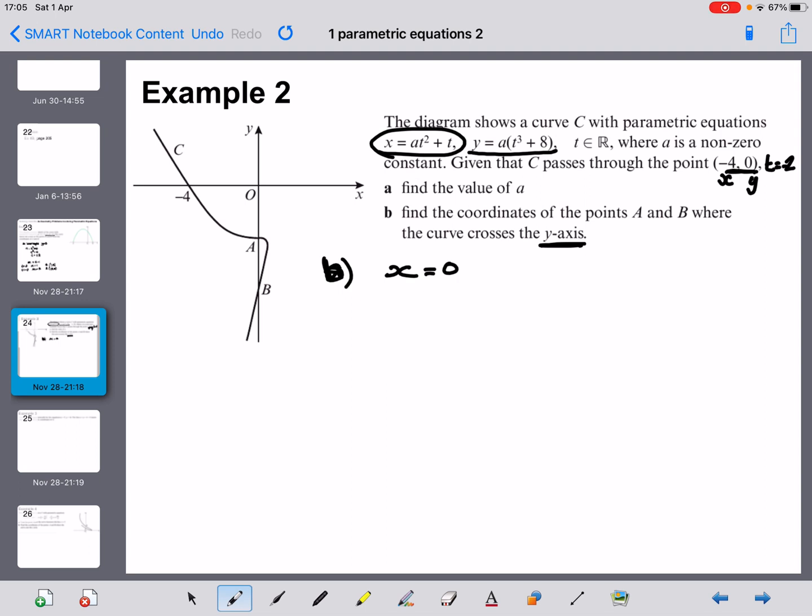So it's just the reverse of what I did on the first example.